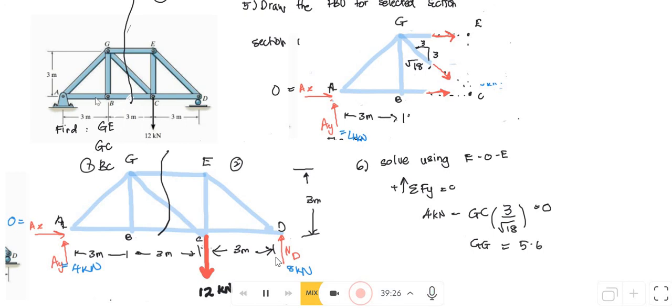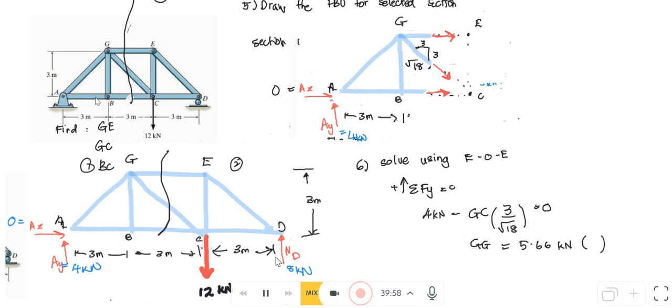So we get 5.65 or 6 kilonewton. Okay, we get 5.66 kilonewton for the GC, and the Fy should be downward. Okay, so correct. We should see whether it is in tension or in compression.